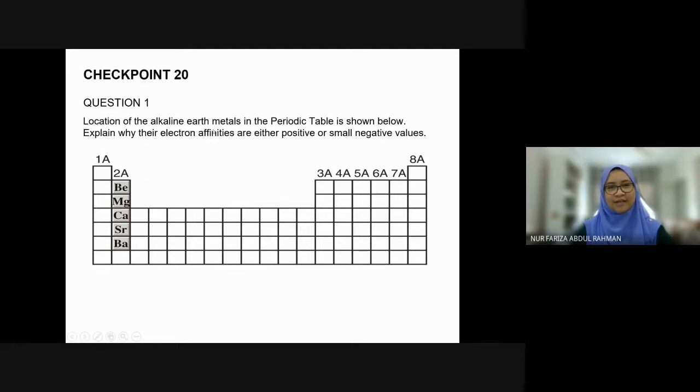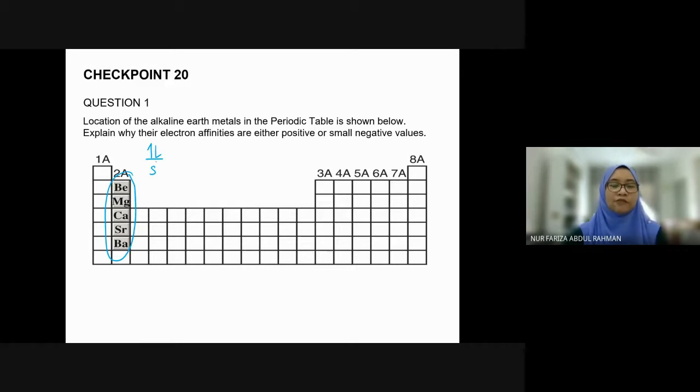Location of the alkaline earth metal in the periodic table is shown below. Explain why their electron affinities are either positive or small negative values. Remember, EA also has anomalies. This is again due to stability. Group 2A or group 2 has already achieved a fulfilled orbital.